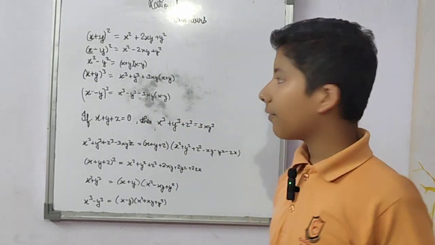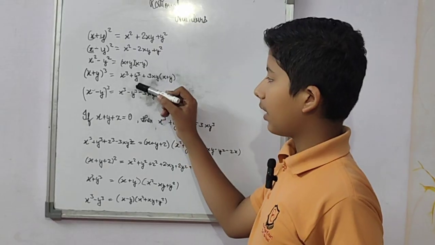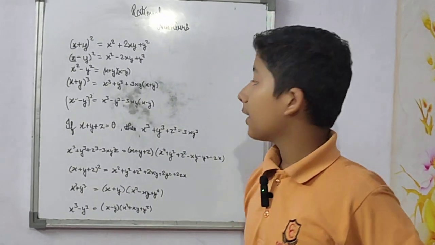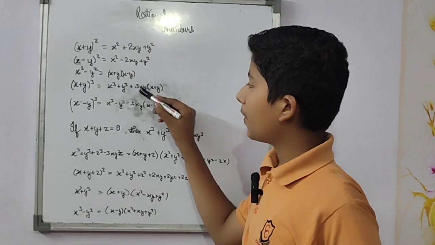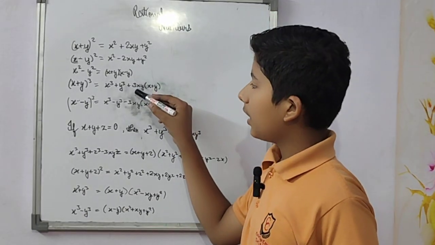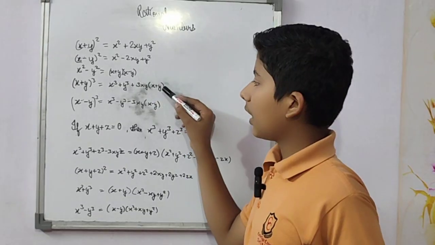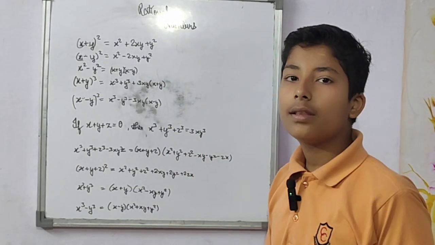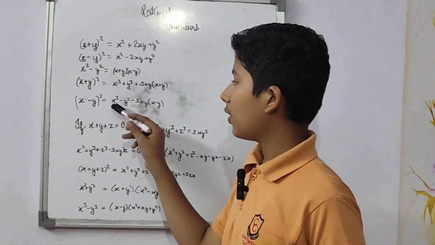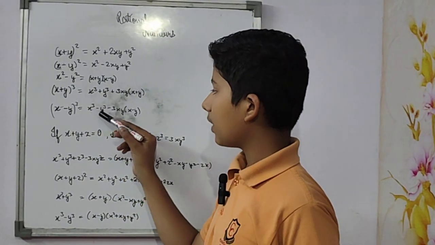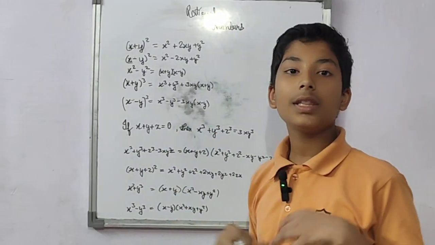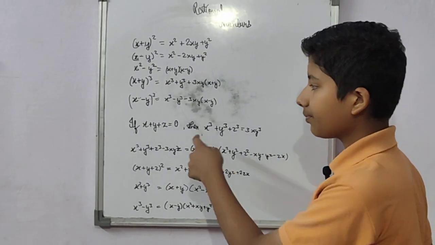In some books you might find it written x cube plus y cube plus 3x square y plus 3xy square. It is just simplified: 3xy into x equals 3x square y, 3xy into y equals 3xy square, and the add symbol is already there. Now (x minus y) whole cube will be x cube minus y cube minus 3xy into (x minus y), means everything will be in minus.